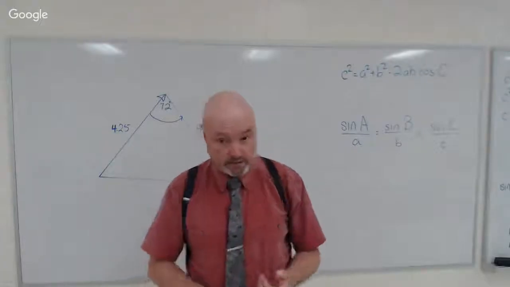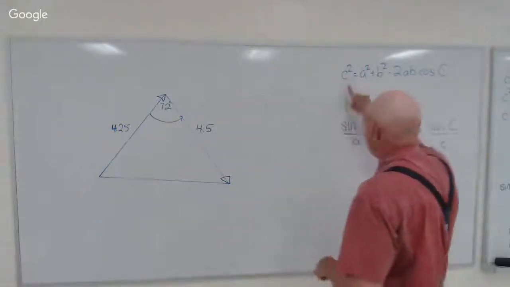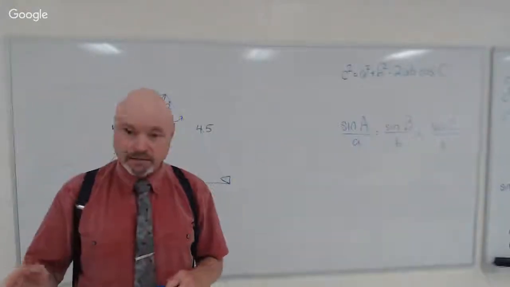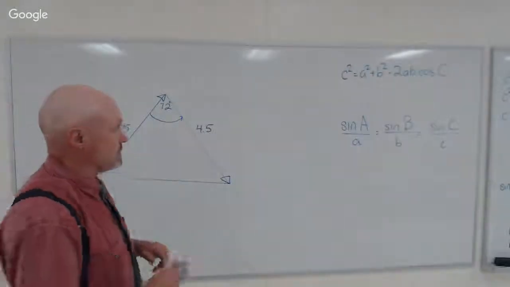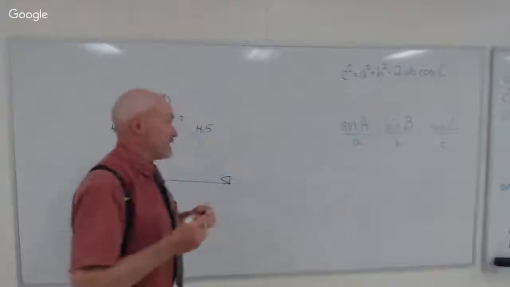Now the big trick is to know how to label your triangle. Lowercase letters represent side lengths, uppercase letters represent angles. So angle C is involved in that relationship.